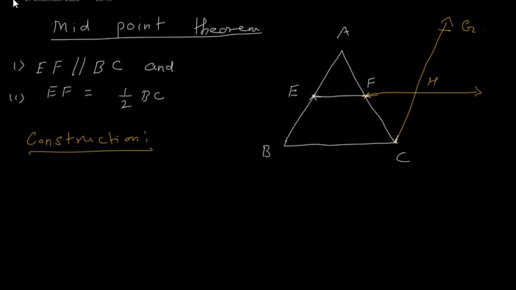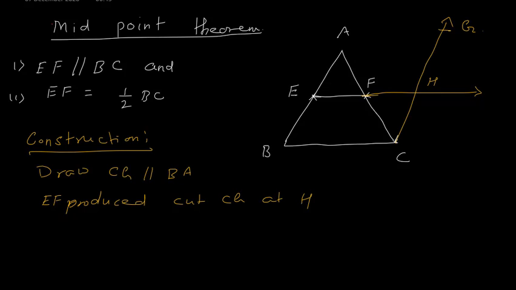What we have done: draw CG parallel to BA, and EF produced to cut CG at H. Now, what is given?